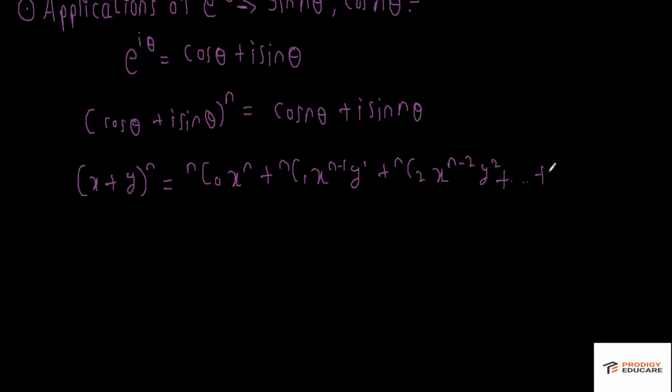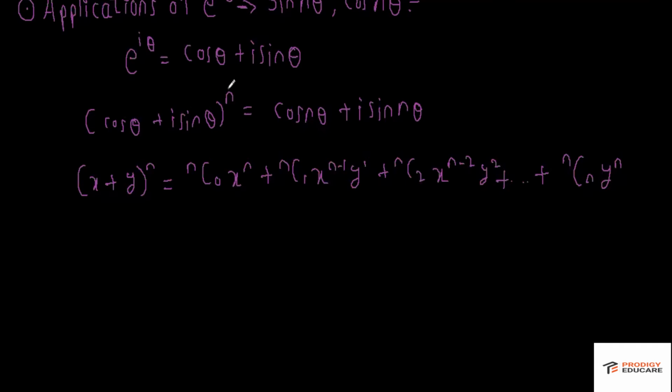Just notice the pattern that the powers of x are reducing by 1 and powers of y are increasing by 1 at each term. Finally, we'll have nCn x raised to 0, so no need of writing it, and then we have y raised to n. So these are the terms.